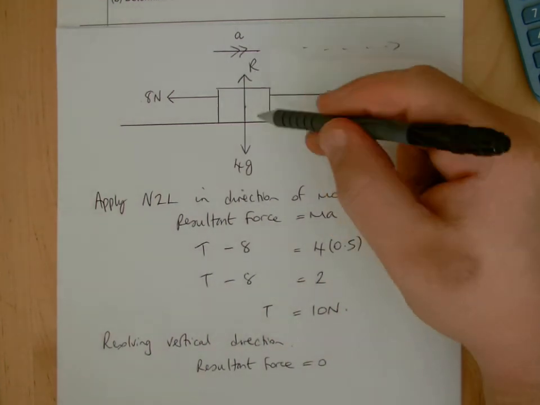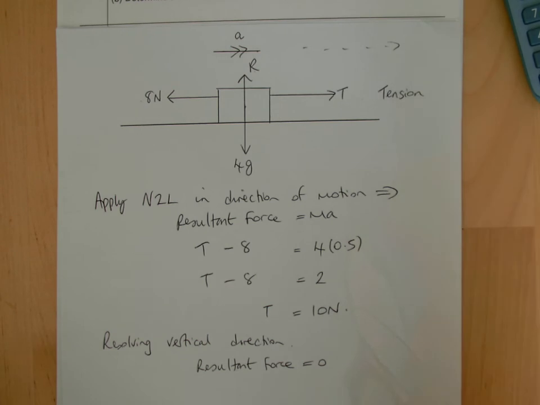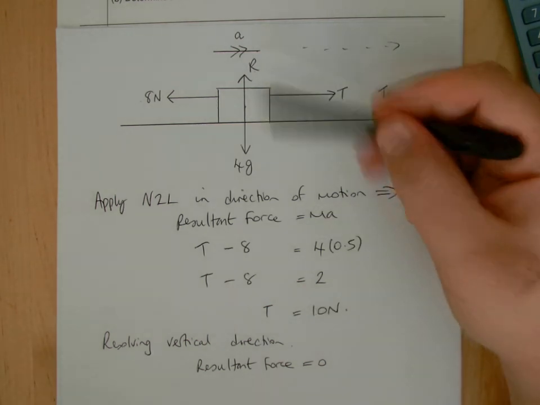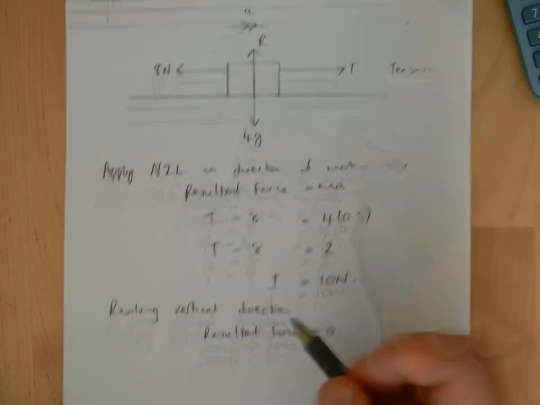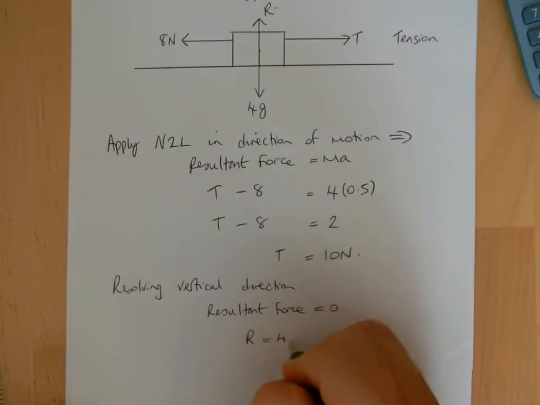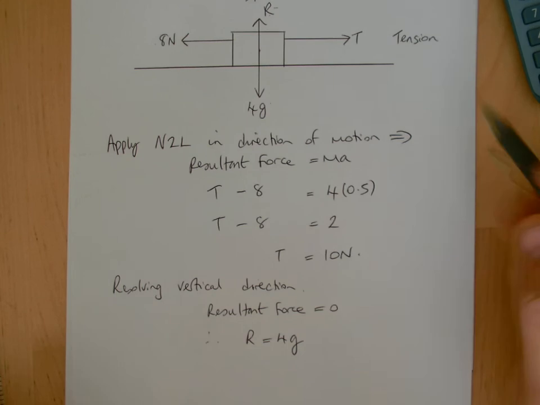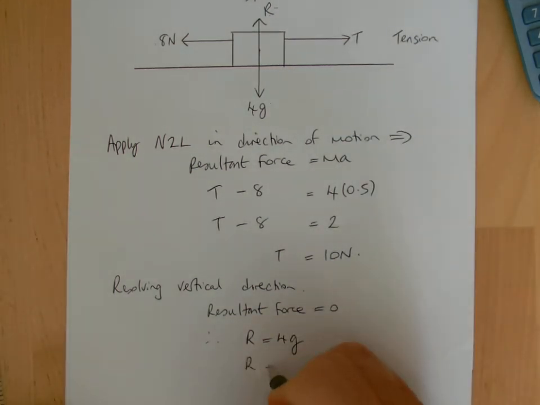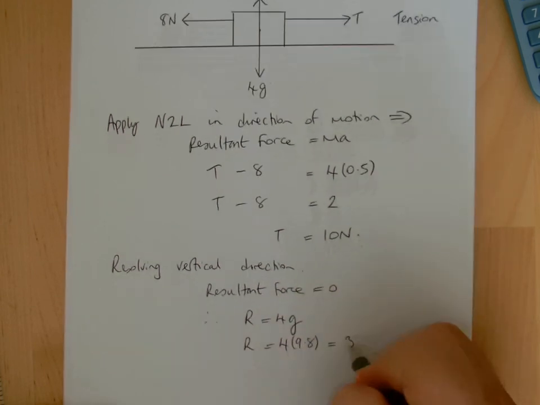In other words, what's up is equal to what's down, because there's no net gain. It's not travelling upwards or downwards. So R has got to equal 4g. They're balanced because there's no movement vertically. So R is equal to 4g. Now we know g is 9.8, so if we work that out, we get 39.2 newtons.